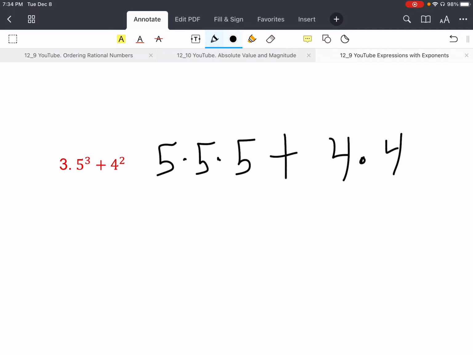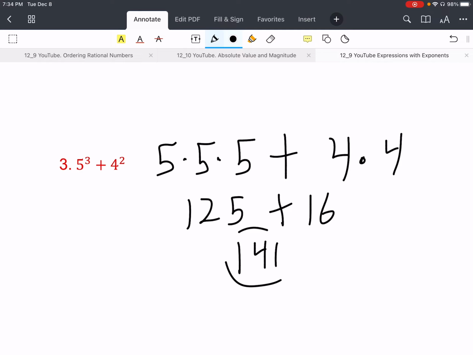So 5 to the 3rd power is 5 multiplied by itself 3 times, and 4 to the 2nd power is 4 multiplied by itself twice. So quick multiplication, 5 times 5 times 5 is 125, plus 4 times 4 is 16. So now that we've done the multiplication, we can add those together, and we get a final answer of 141.